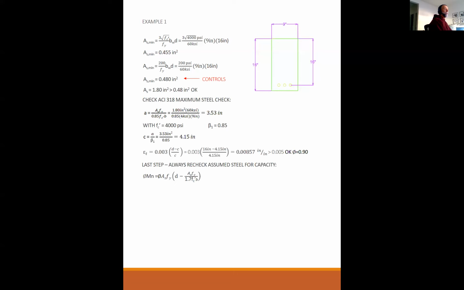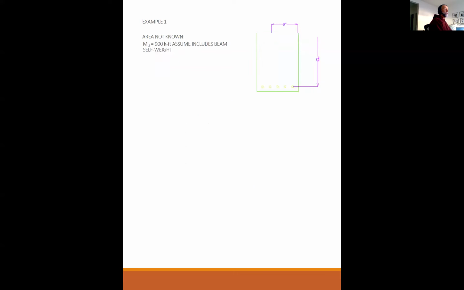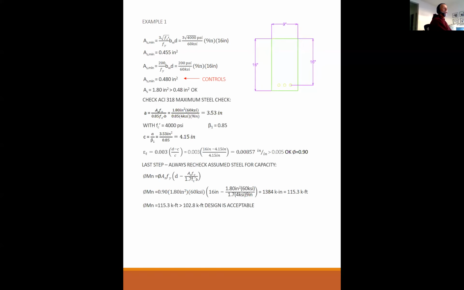You go all the way down to here. Right there. That's one of the reasons why we always do this last step. If you found that epsilon sub t after all that was less than 0.005, so phi is something less than 0.9, then that would wash out right here and you would see whether it's okay or not.